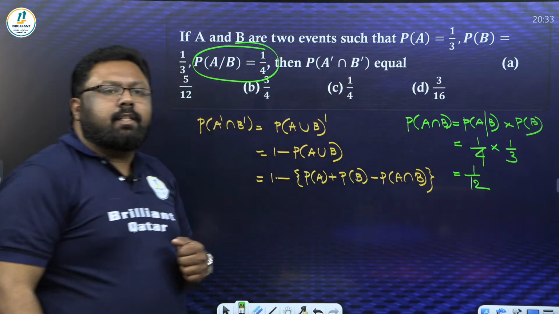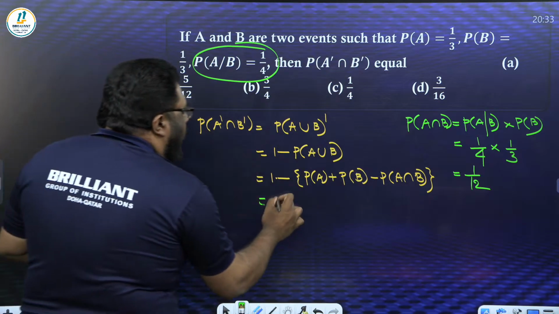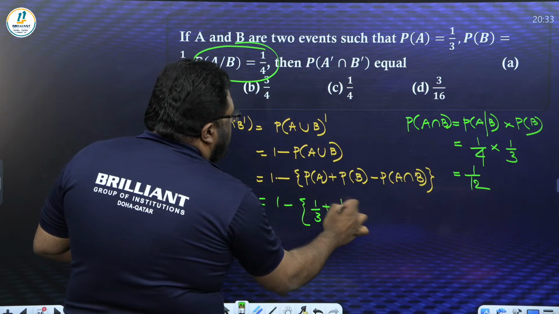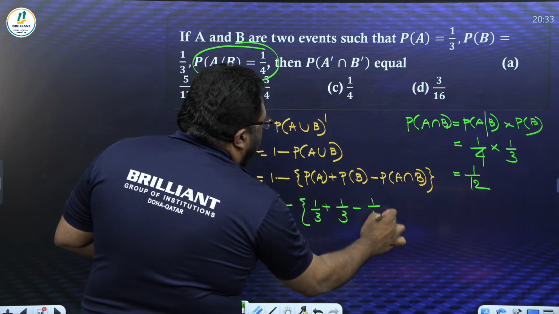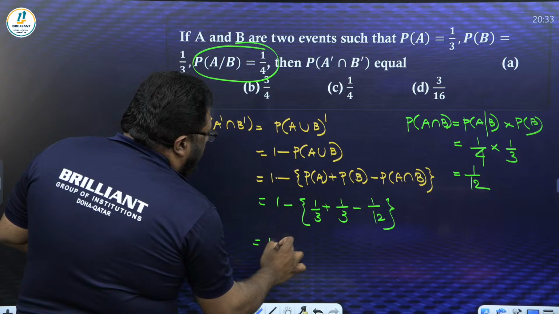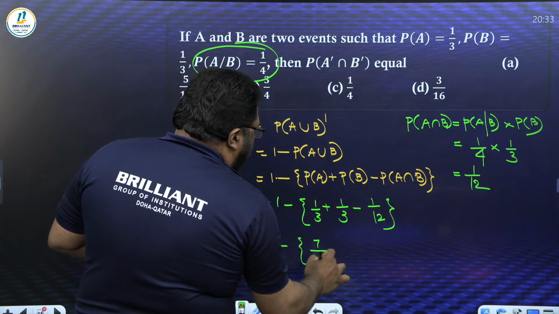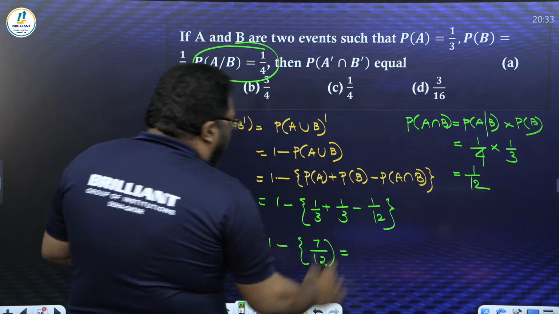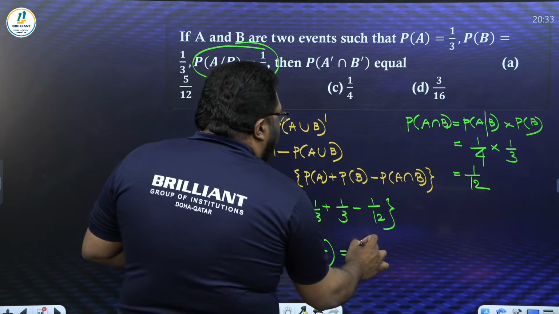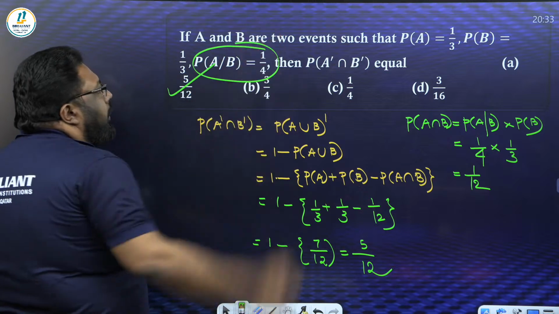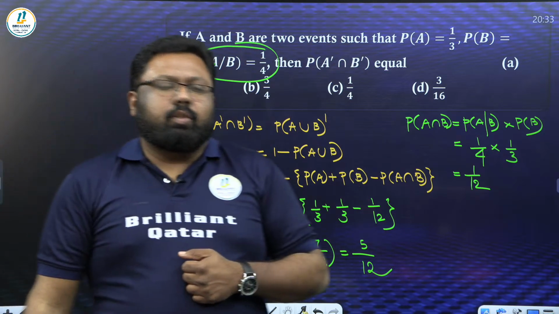Just substitute, my dears, get the answer quick. So 1 minus P of A 1 by 3 plus 1 by 3 minus 1 by 12. So 1 minus, LCM is 12, 8 minus 1, 7 by 12. So 12 minus 7 by 12, the answer is 5 by 12, and that's option A, 5 by 12.